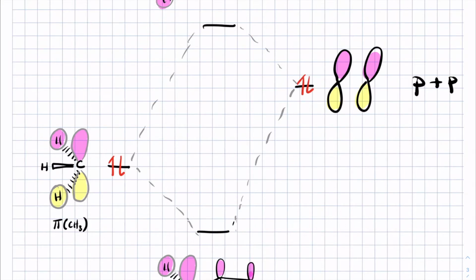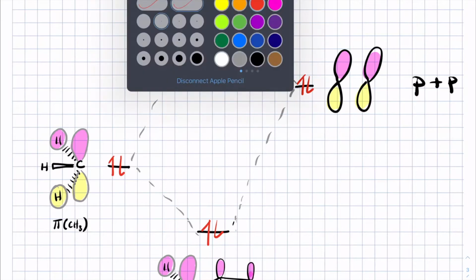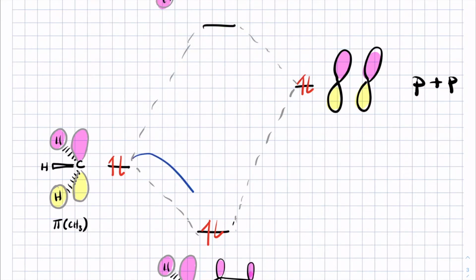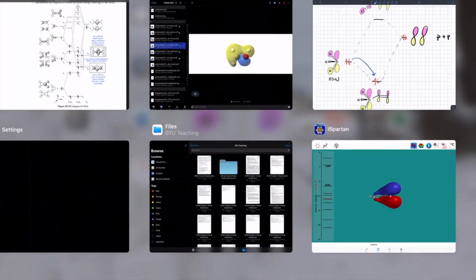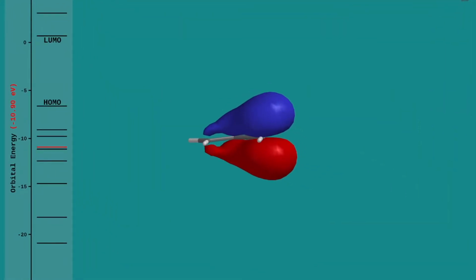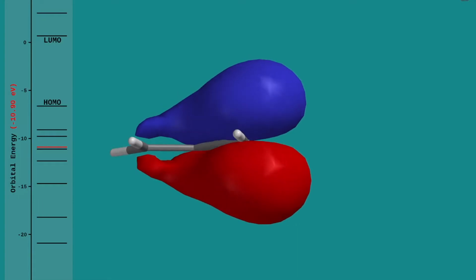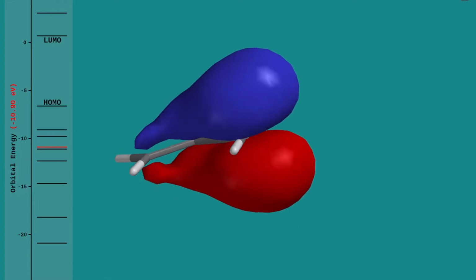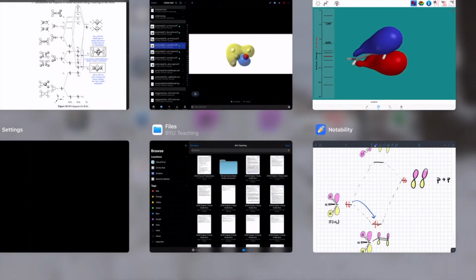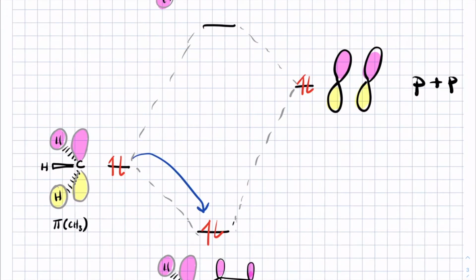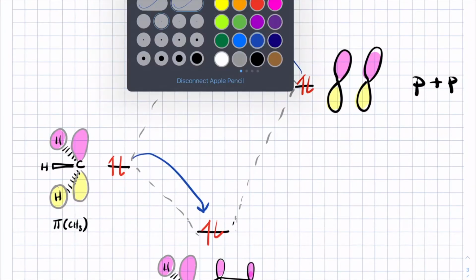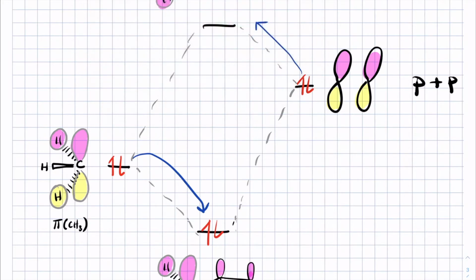You bring them together, and what looks like happens is the electrons from the methyl group go down in energy and get to spread out a little bit, which is exactly what we see from Spartan. The electrons are still mostly on the methyl, but they're spreading out a little bit into the pi bond. Similarly, you see that the electrons that were in the pi bond get higher in energy.